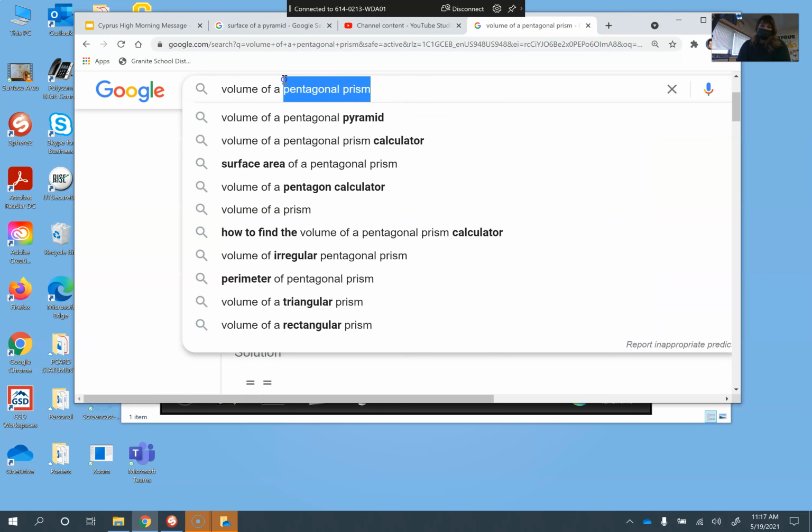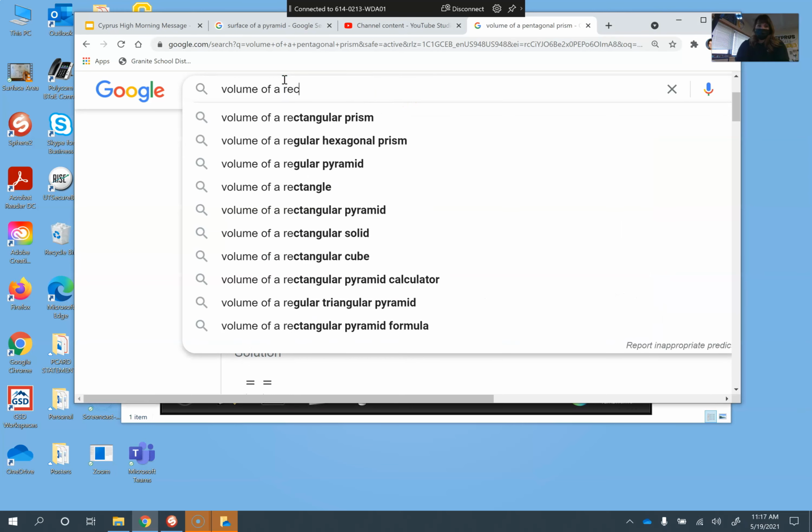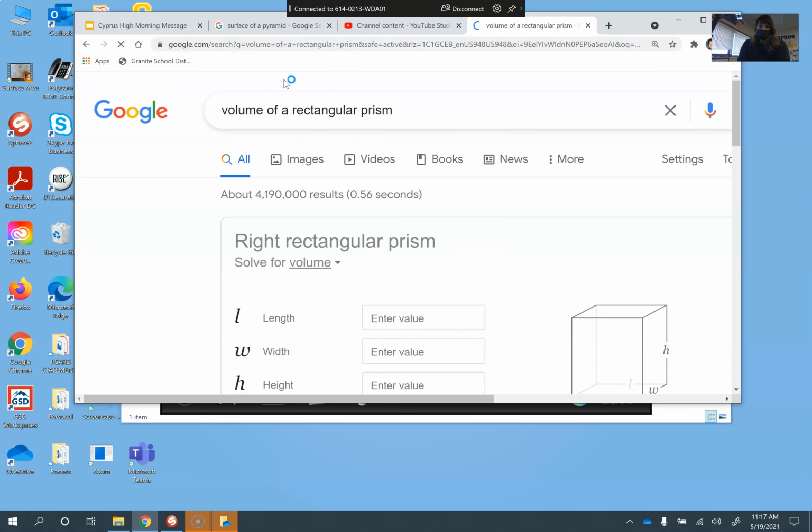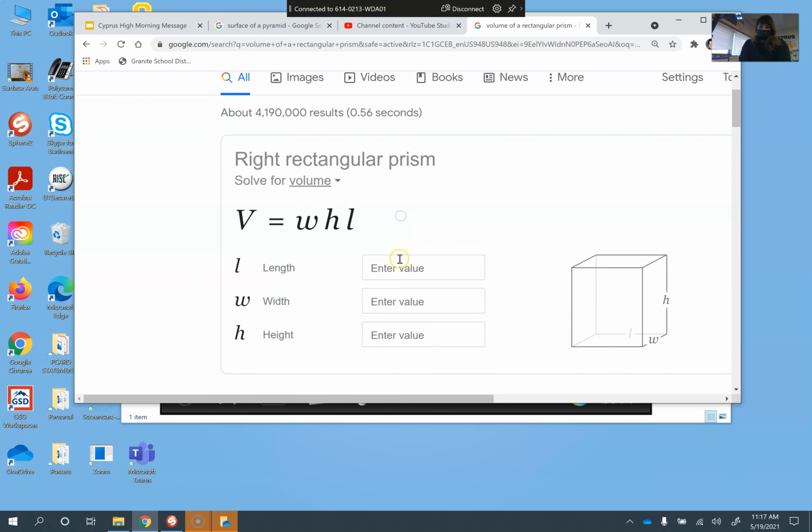I'll highlight pentagonal prism and I'll type in rectangular prism. Then I think this one will highlight the different parts of the cube for you so that you know what measurement to add in. So I think our length would be 6.